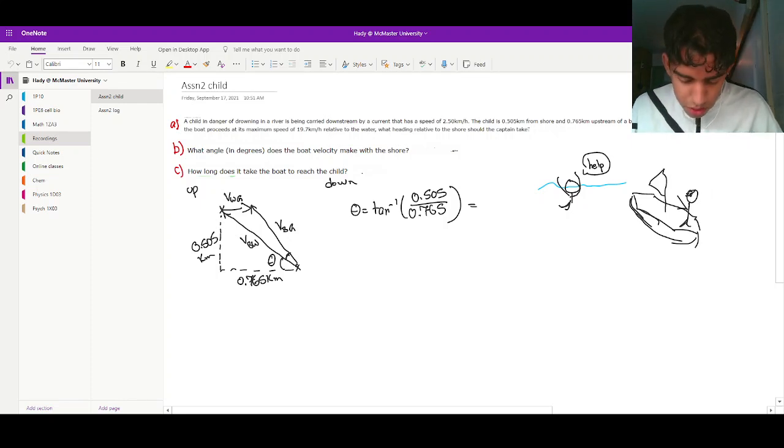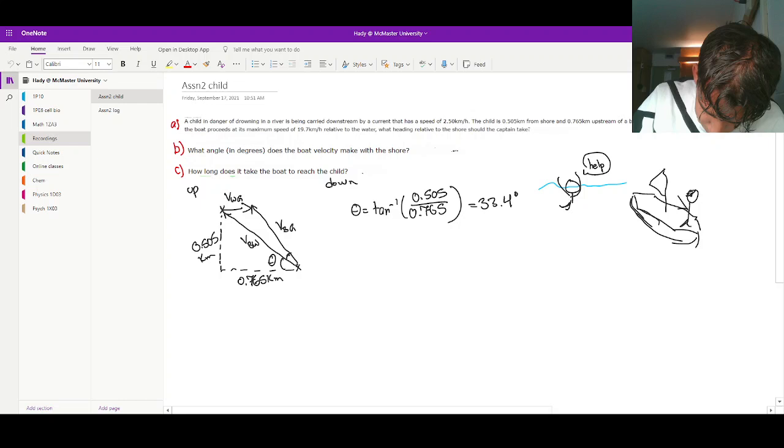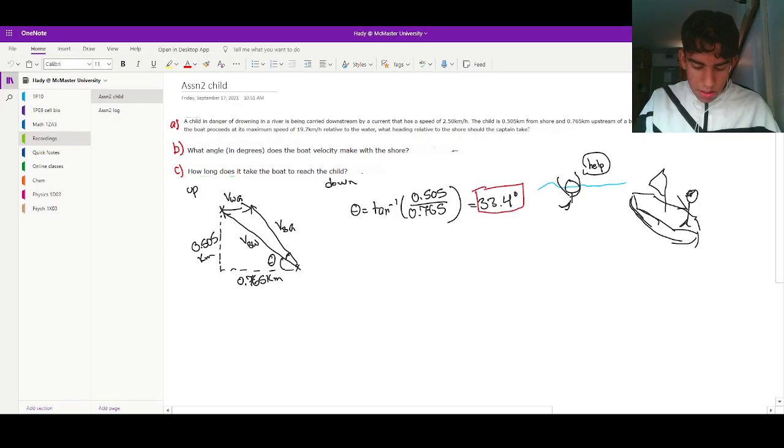So the first question, what heading relative to the shore should the captain take? That's our answer to the first one. He should take that heading relative to the shore.